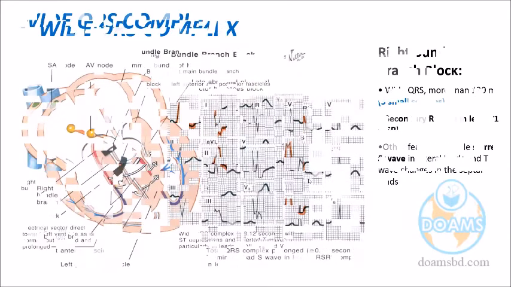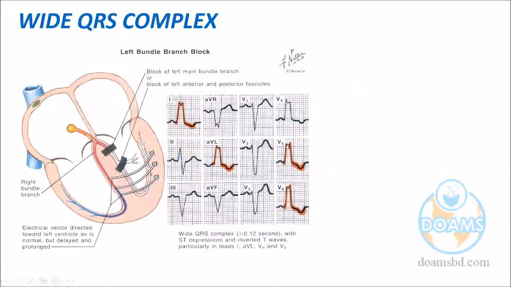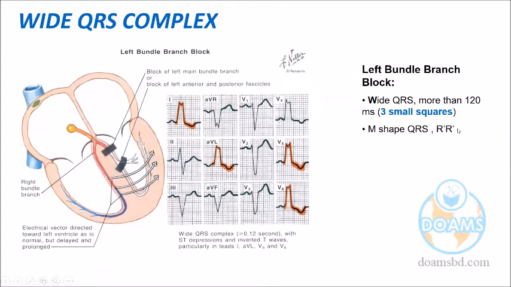But in the coming slide, there is R and R, but in between there is no S because it is not below the baseline. So rather to say this is RR pattern. Another R is denoted by the prime. We said that this is a dash, rather to say the prime, R R prime, R S R prime like that. So this is a left bundle branch block, easy.